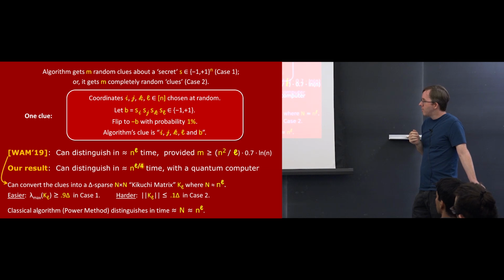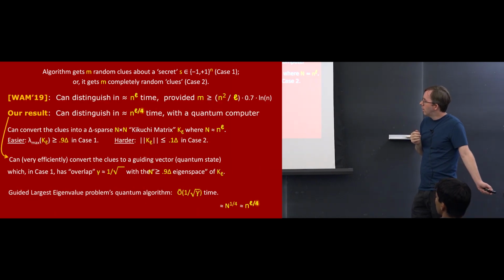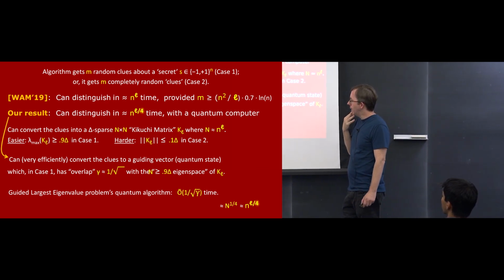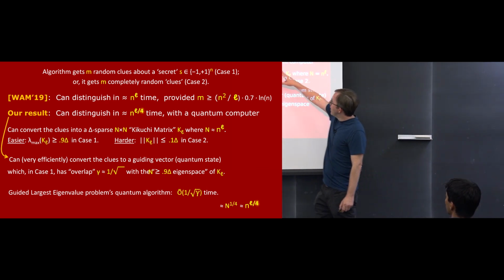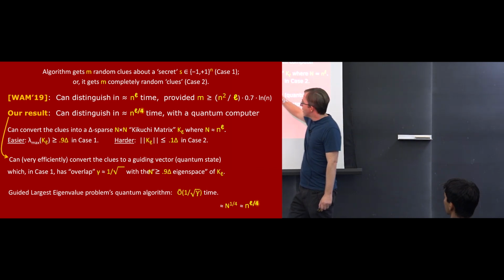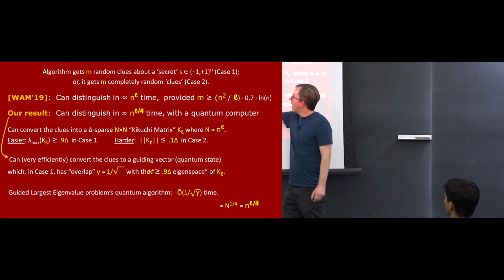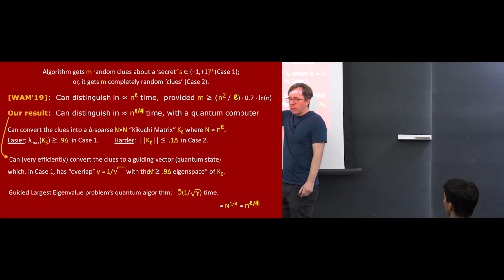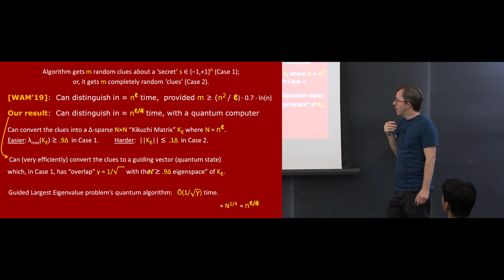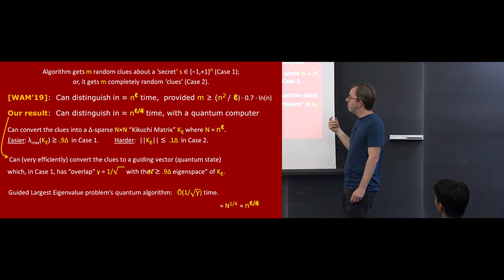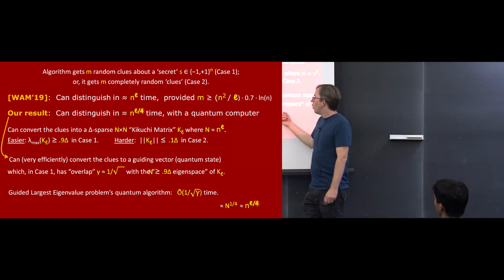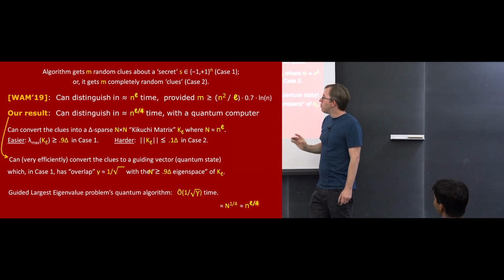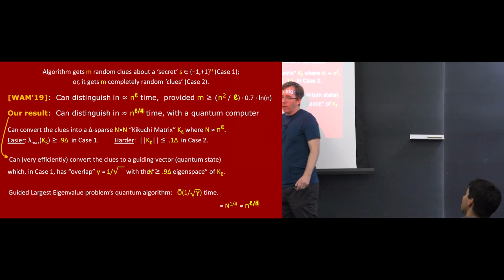And perhaps you can guess what we do. What we show is that in the same situation, not only can you build this Kikuchi matrix that has these large or small eigenvalues in the two cases, moreover, if you're in case 1 and genuinely getting good clues about this secret string S, you can take these clues and build a guiding vector which has decently good overlap with the large 0.9 delta eigenspace.